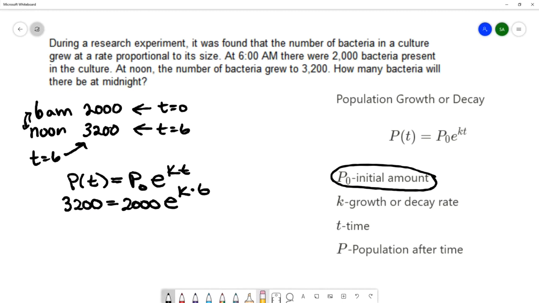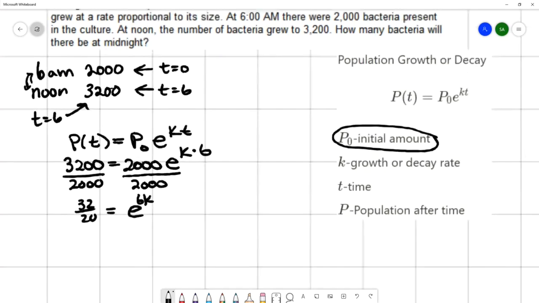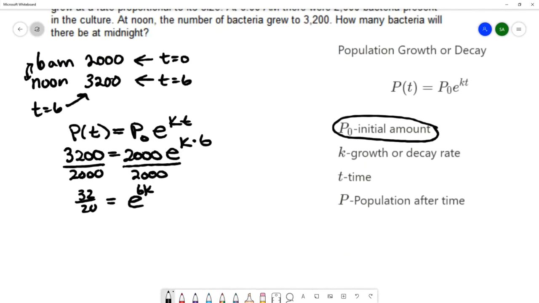Okay, so we're going to solve. We're going to divide both sides by 2,000, which reduces to 32 over 20 equals e to the 6k. I can reduce that even more. 4 goes into 32 8 times, 4 goes into 20 5 times. We can take the natural log of both sides.